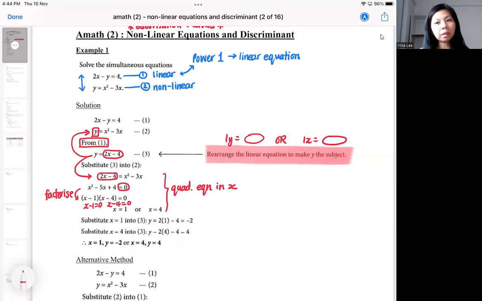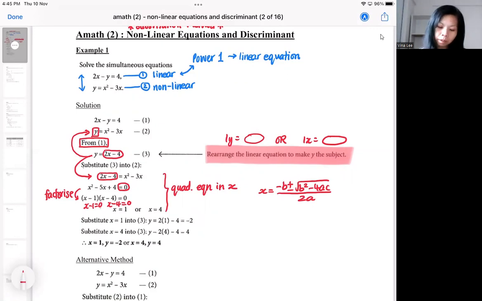But right now, because you are already at upper secondary, solving a quadratic can also be done by the quadratic formula. It's up to you. For me, I will only factorize if the numbers look easy. If the numbers look complicated, I will go back to my quadratic formula.